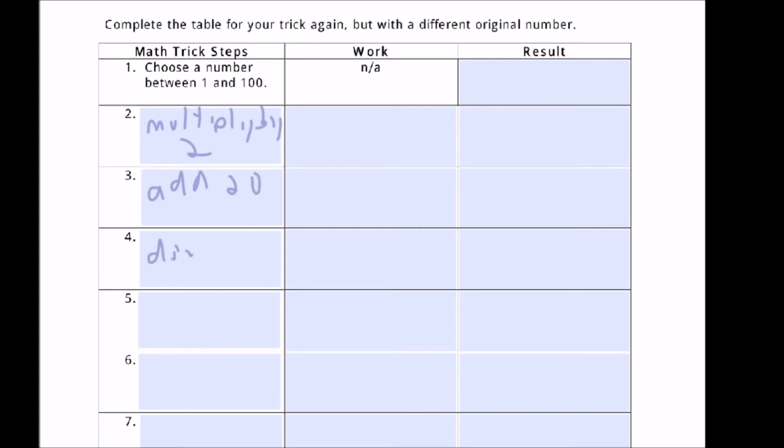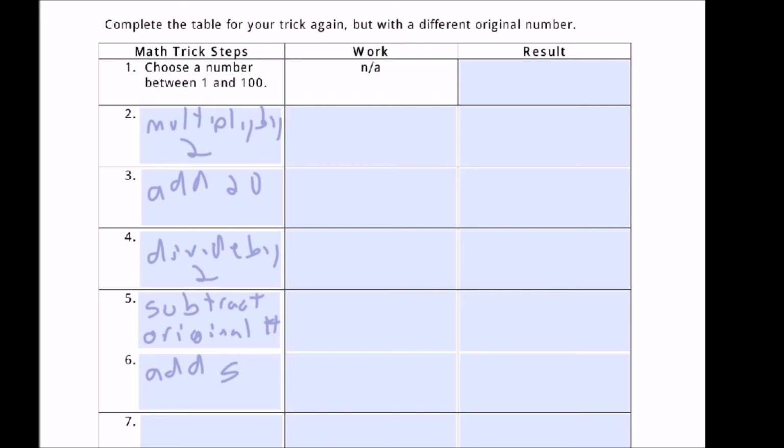Divide by 2. Subtract original number. Add 5.